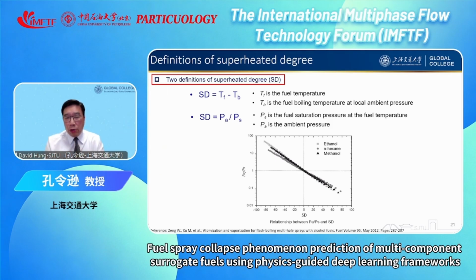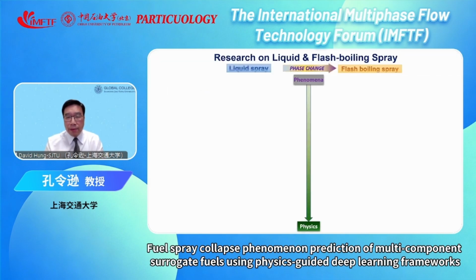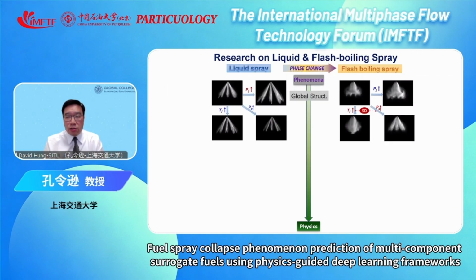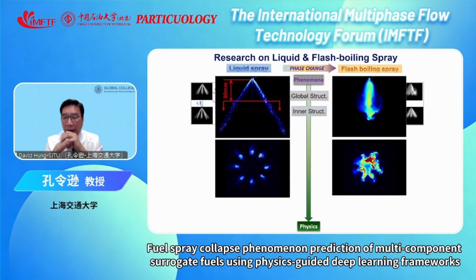So we use what we call a superheated index, Rp, to define whether the state is in the liquid state, in the flash boiling state, or in the middle, in transition. This is how we use this type of terminology to look into the fuel spray. With that, you can see that the spray can be very different in structure. Liquid is very clear from multi-hole injection, or it is collapsed when you have a flash boiling condition. You can also see that the pattern is different.